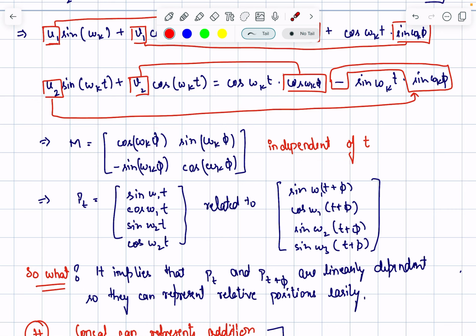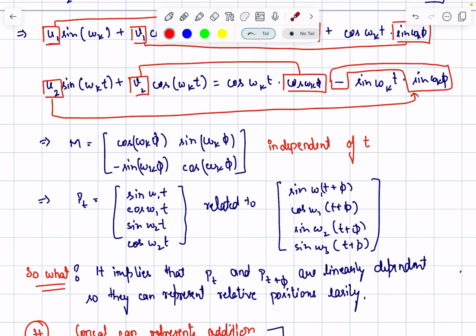So what does that mean? That means that if you get a position pt and a position pt plus phi, this transformation is a function of the amount of shift in the positional embedding that you want to do. This has nothing to do with pt or whatever the value of t is.